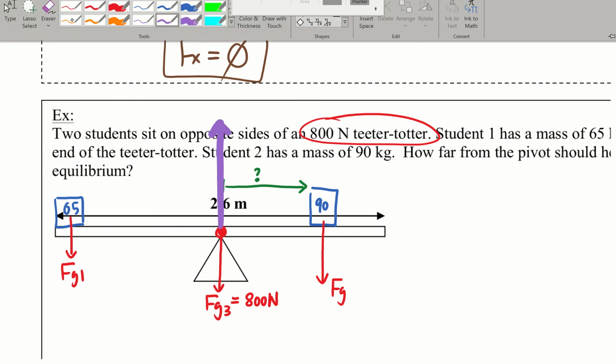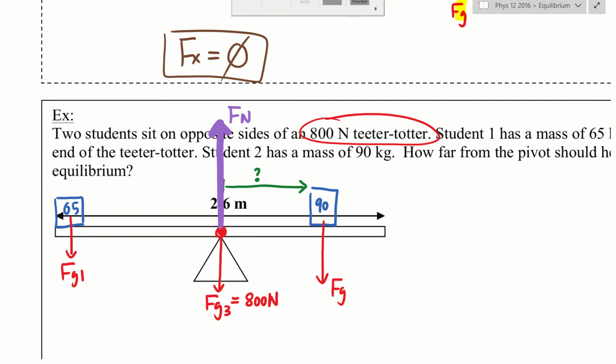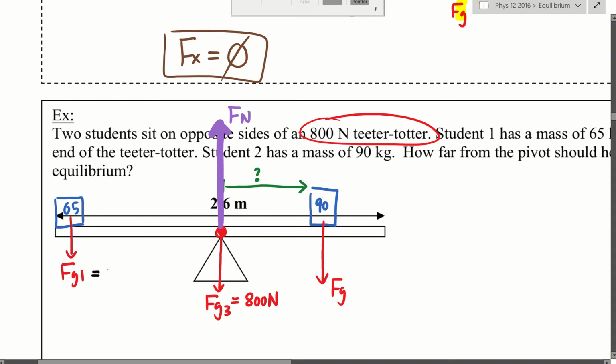There is a very big, powerful normal force from the supporting beam. That normal force is going to be as big as all three of the forces of gravity together. Let me cheat a little bit. FG1, 65 times 9.8, roughly 650, so 637 to be exact.